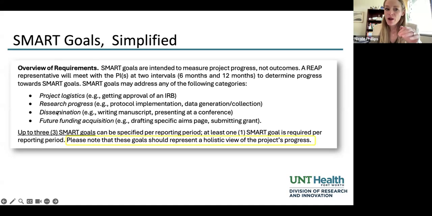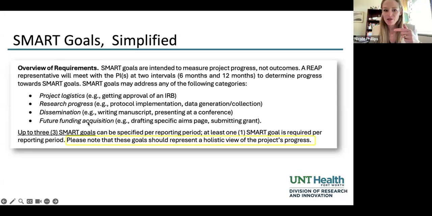A SMART goal could be written around dissemination. We're going to write a manuscript. We're going to go to a conference, things like that. And then finally, it could be related to future funding acquisition. So drafting a specific aims page, actually submitting a grant. It depends on where you're at in your trajectory for that research project.